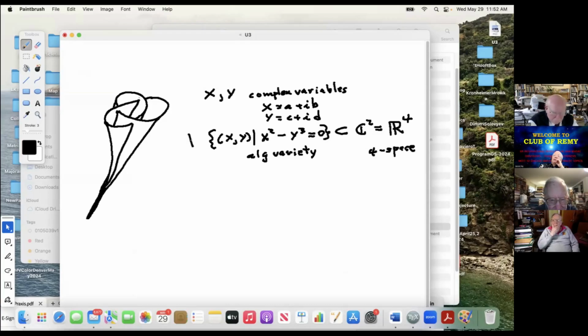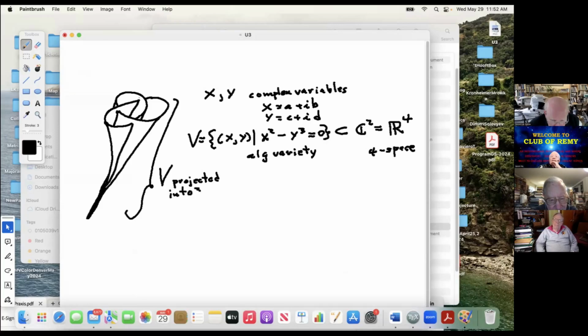We'll call that V. And this is what V looks like, projected into 3 space. So schematically, V looks like this in 4 space.